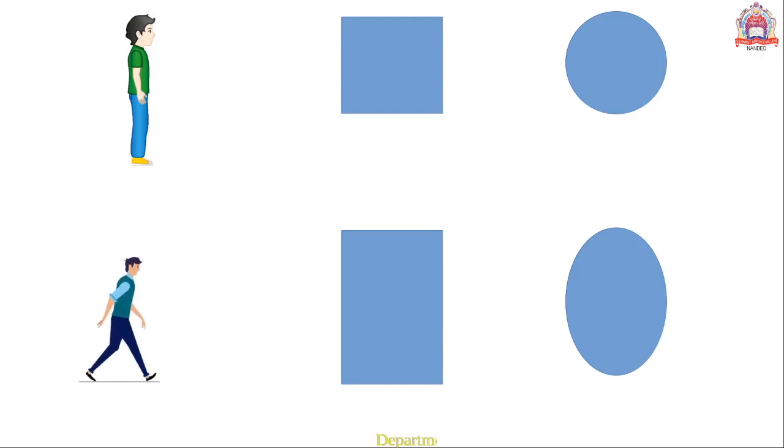So this is the way of finding the observation. The reference frame at rest sees that all shapes and sizes are the same, but the frame of reference in motion, observing the event happening in the rest frame, feels that the shape and size have changed, and the length of the rod becomes shorter.